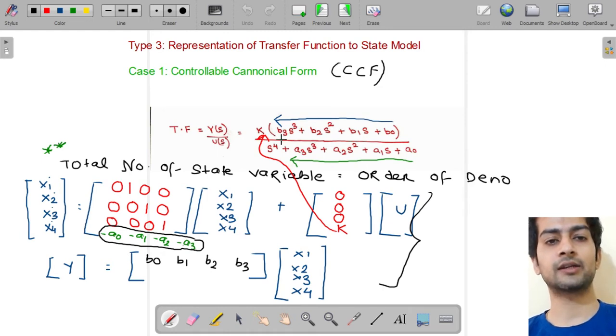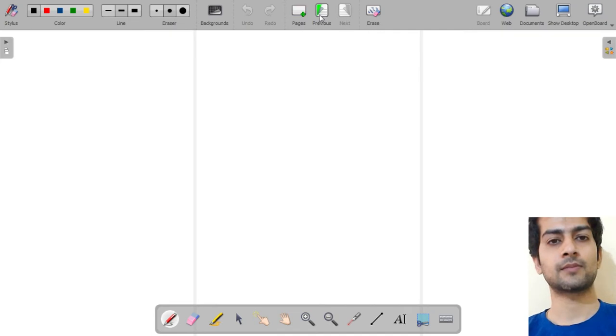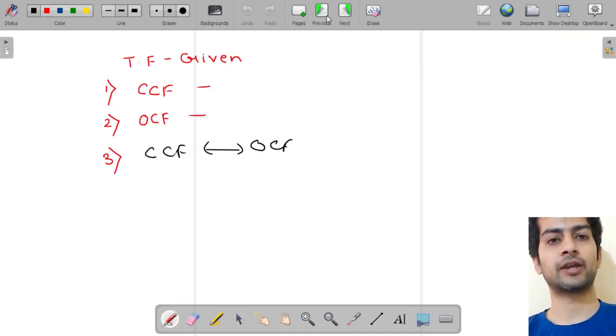And how we are taking the order to get this CCF and OCF, that I will teach you once I take the conventional classes. Now, let's solve a problem, and then things will be much clearer for you.